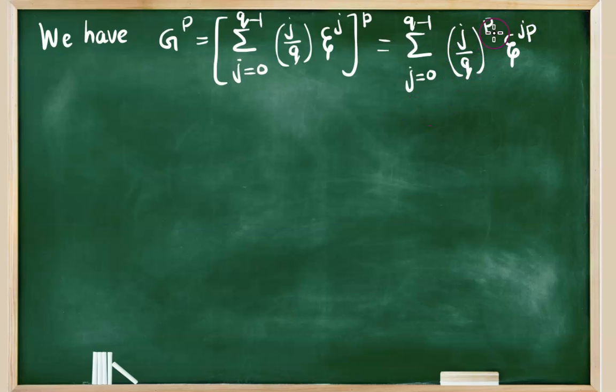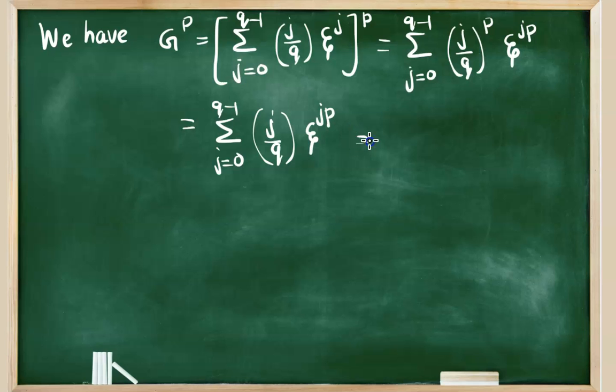And here we can substitute for this (j by q) raised to p the Legendre symbol j by q itself, using the observation we made earlier that Legendre symbol (j by q) raised to p is equal to Legendre symbol j by q itself, into theta raised to jp.